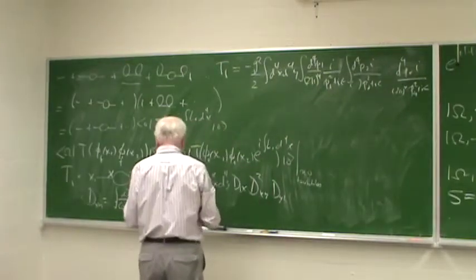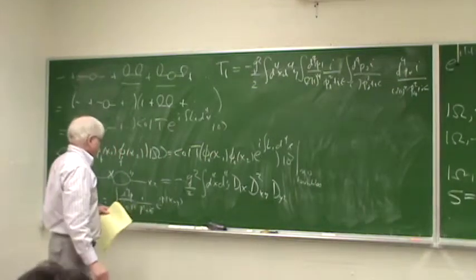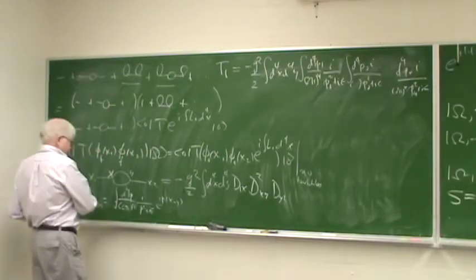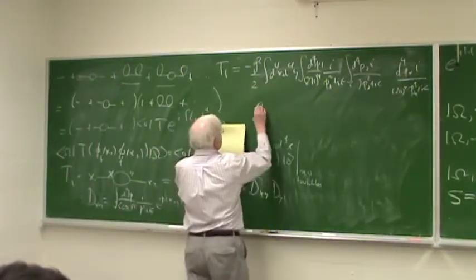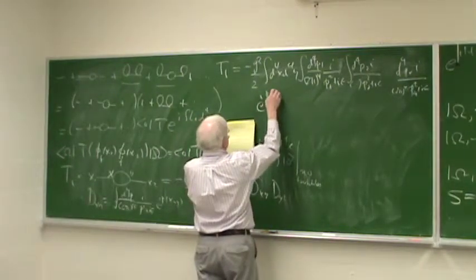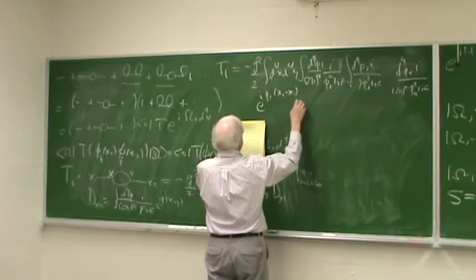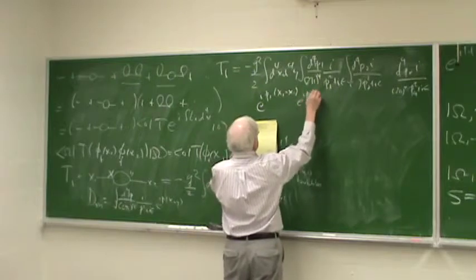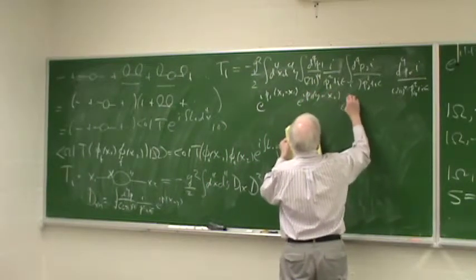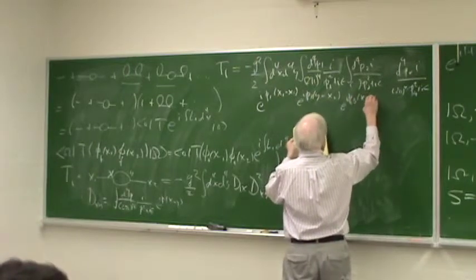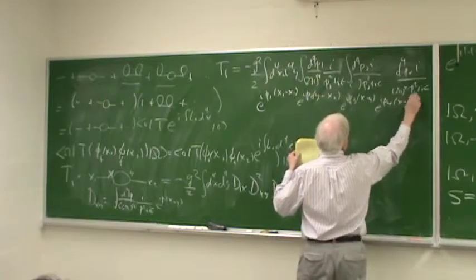But then there are the phase factors, and these are important. We've got here, first of all, e to the i p1 (x1 minus x), e to the i p2 (y minus x2), e to the i p3 (x minus y), e to the i p4 (x minus y).